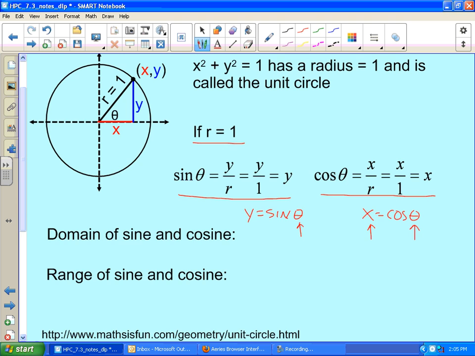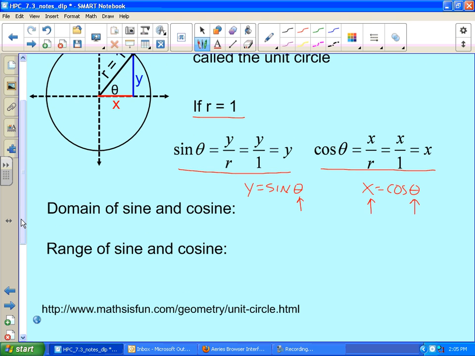That means in the sine and cosine world that we're going to be working with here, theta is allowed to be all reals. That would be the domain of these functions. We haven't graphed them yet, but when we do graph them, you're going to see that they just keep going on in both directions, unless we restrict our domain. But yeah, theta equals all reals for these things.